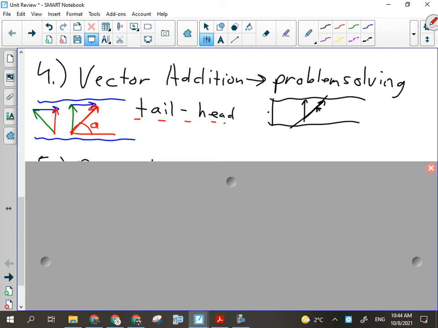One thing to watch for in the boat questions, regardless of which type, is if the question asks for a specific reference direction. What I mean by that is I could give you a question like this and say, you're rowing across a river due north.